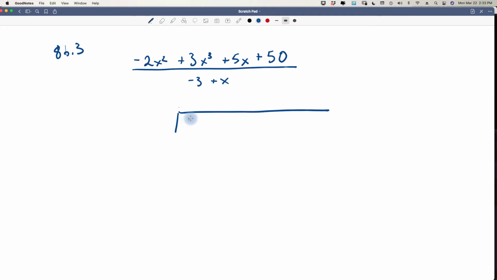So that's going to be 3x cubed, and then our next one is x squared, so it's minus 2x squared. And then we have a 5x, and then we have 50. And we need to reorder this so that the x is in the first position because we want to deal with our variables, and then negative 3 follows.